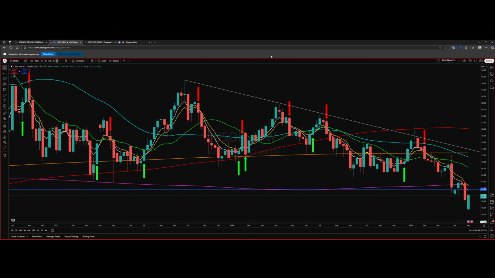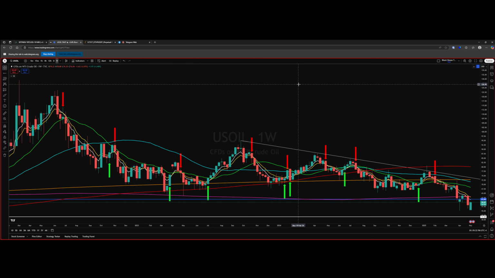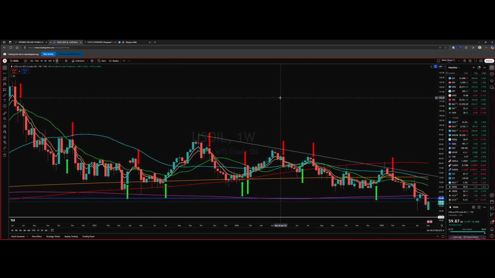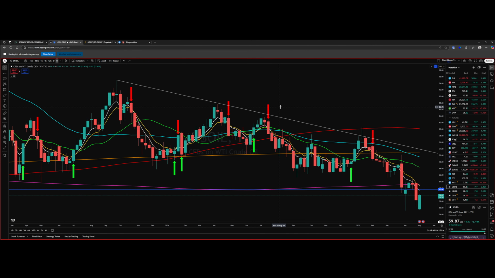So this is still pretty weak for me. I'm not getting overly excited or going to pave my driveway tomorrow because I think the price of oil is going to skyrocket. I'm not there yet. So the chart says we're not there yet.